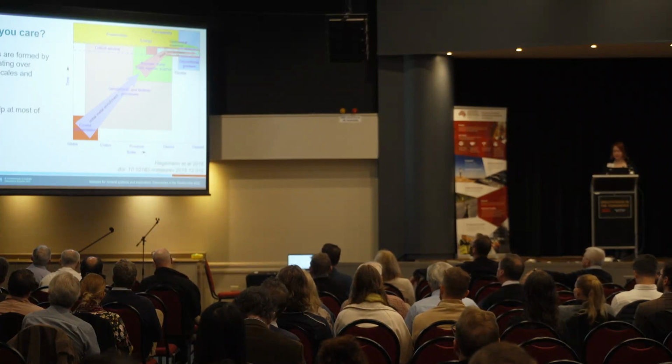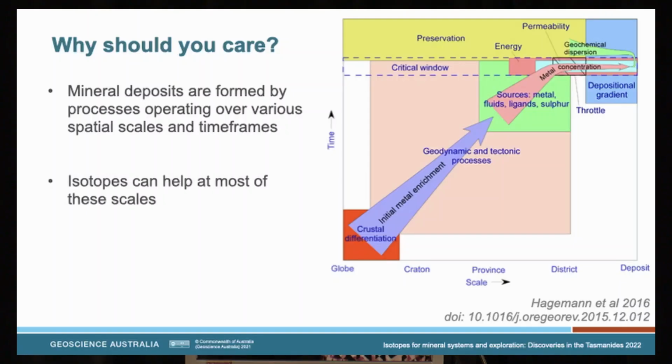So here's another diagram. It's been around for a bit now. It's a diagram showing the mineral systems model, and basically the concept is that things that create mineral deposits operate over a huge range of spatial scales and also a huge range of time scales.